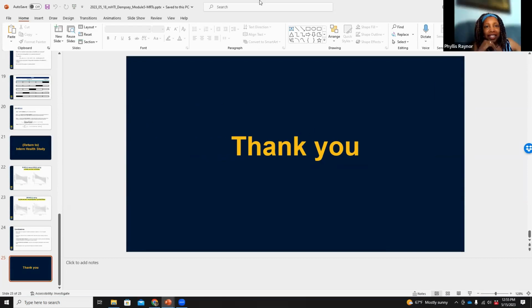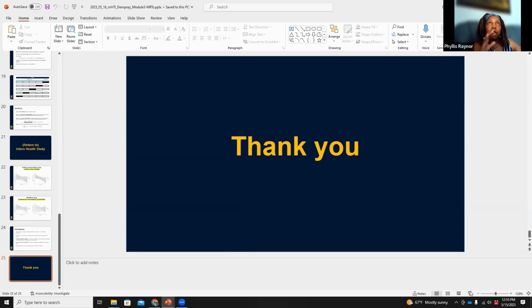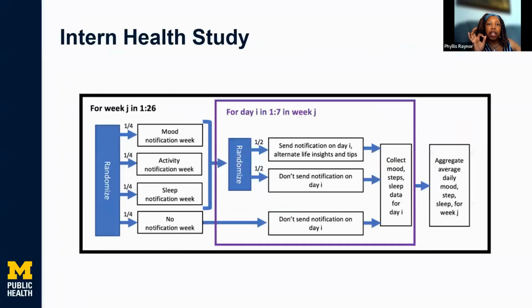I put a question in the chat. I was just curious, when doing the just-in-time adaptive interventions, is it common practice to also measure, as a secondary analysis, the motivation to change?